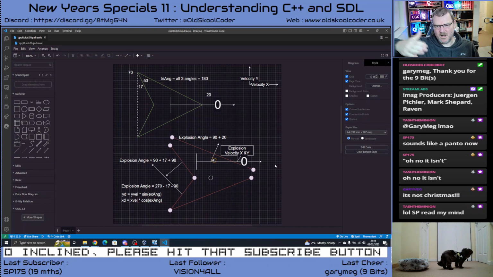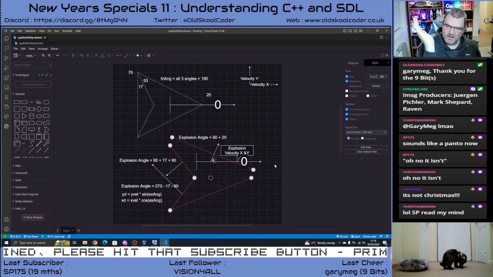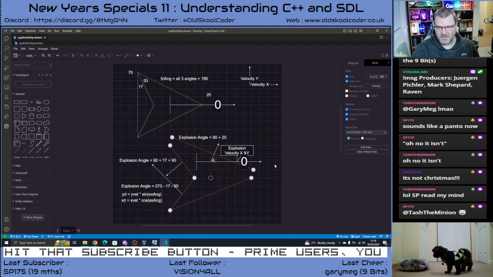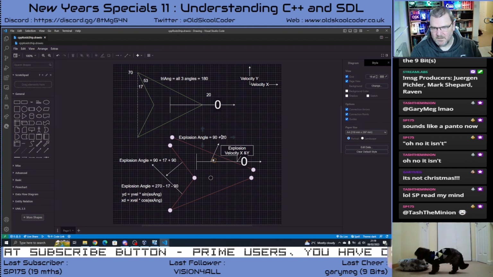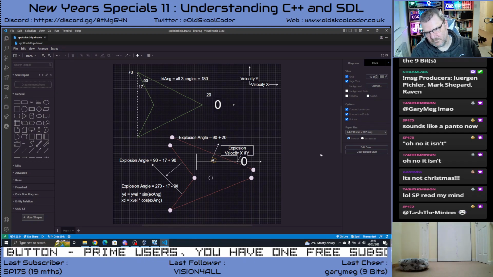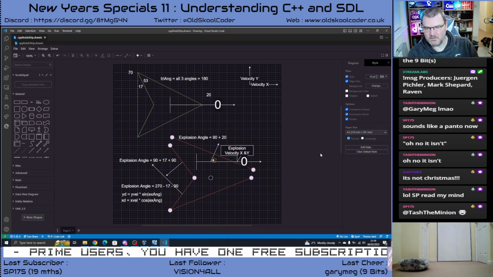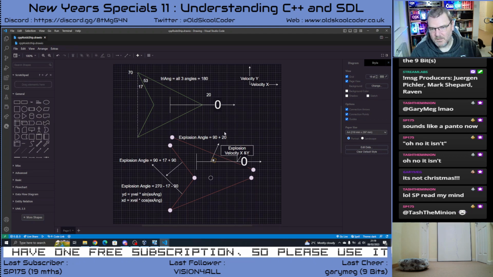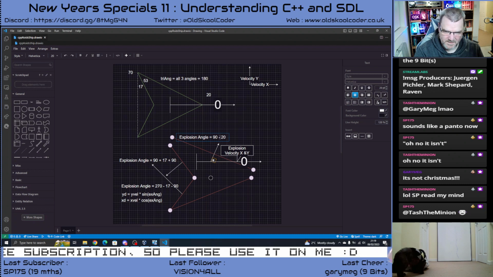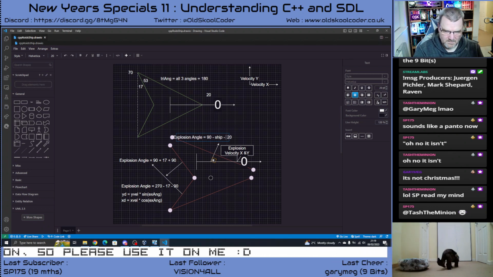Right, so that one is 90 minus the angle of the ship, yeah? So if the ship is at... Right, so this is 90 minus ship angle minus 20.